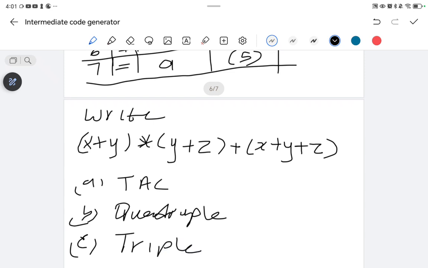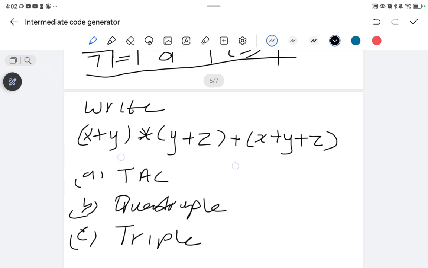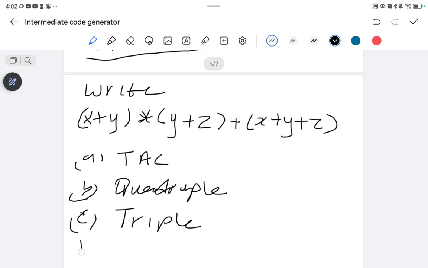If you can do this, then we'll be fine. So any question? Also, if you like, you can also write indirect triple. If you can also write this, you'll be fine. So any question?